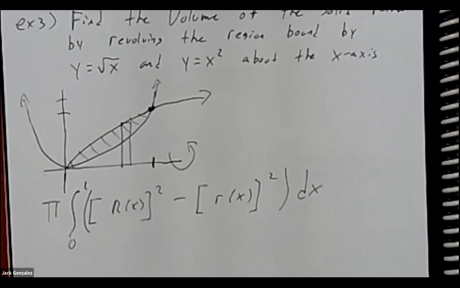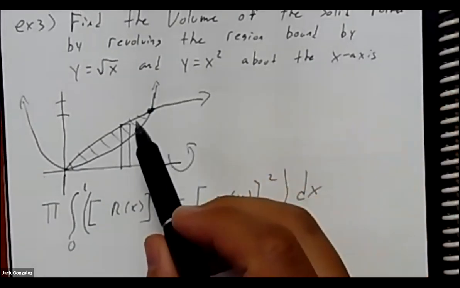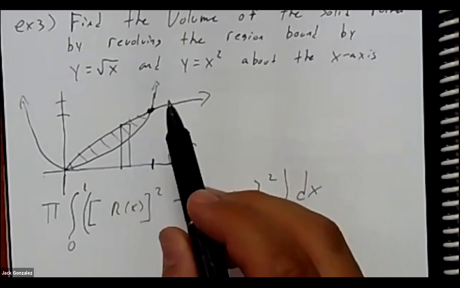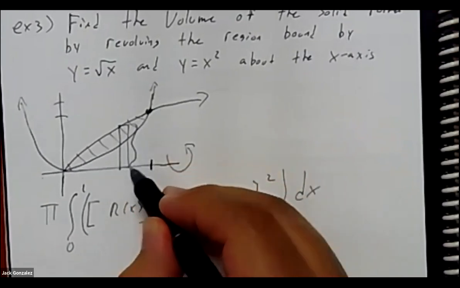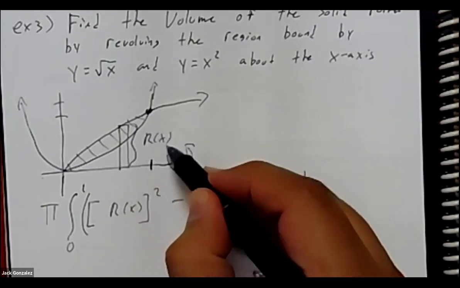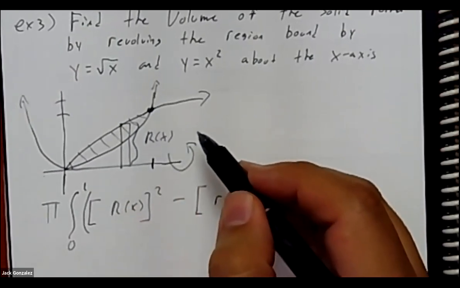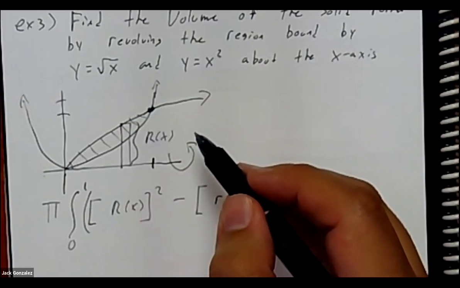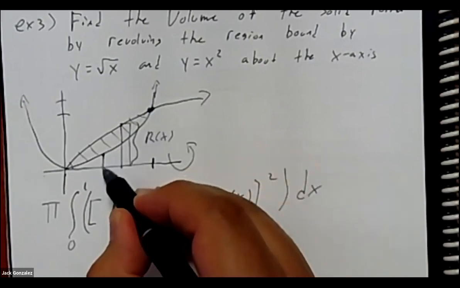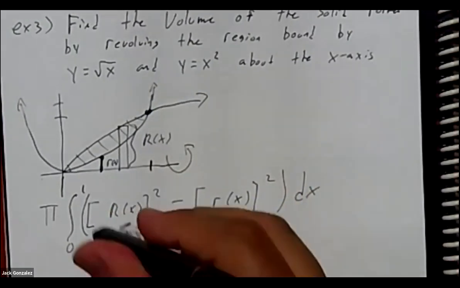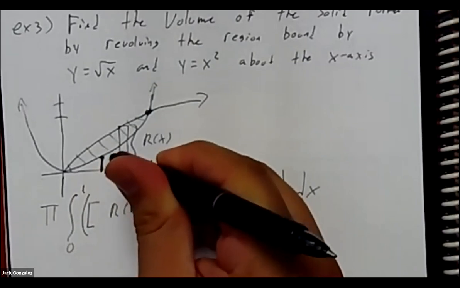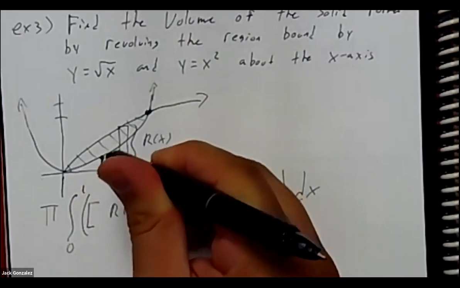So the distance from the top of the slice all the way to the rotational axis, this distance here, is capital R. And then this distance here is little r.